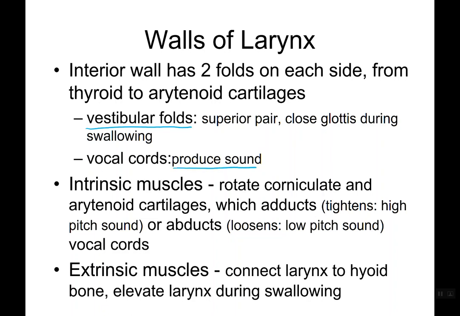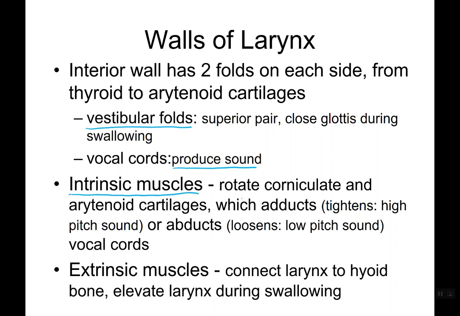So I'm doing that right now. You do this by passing air past them and then using your muscles and your arytenoid cartilages to change the length and tension on your vocal cords so that you can make very high-pitched sounds or very low-pitched sounds, depending on what you want to do. So the intrinsic muscles are what they sound like. They're inside.